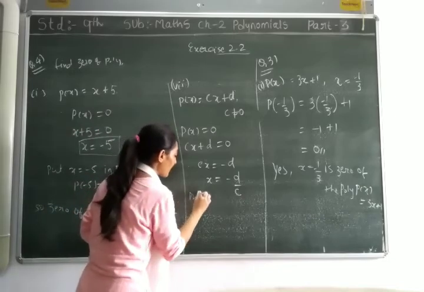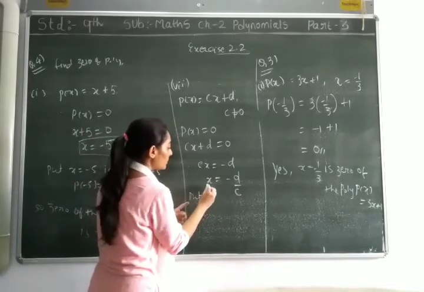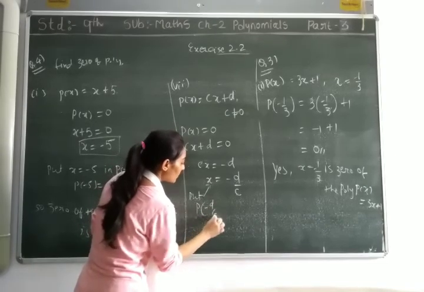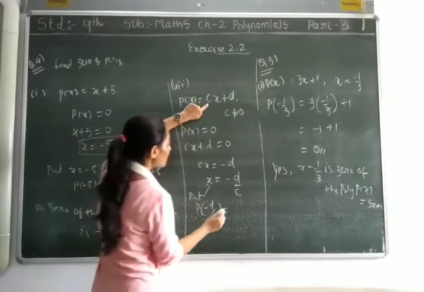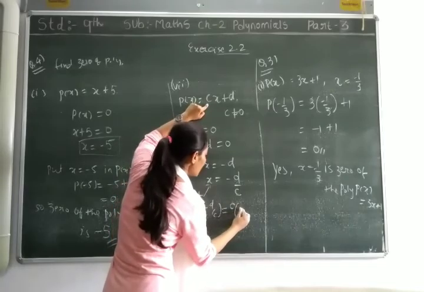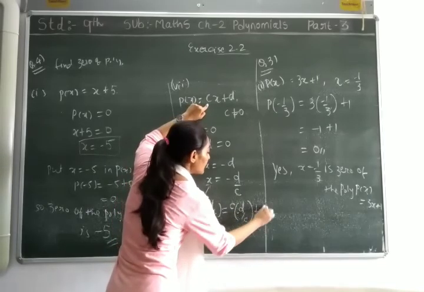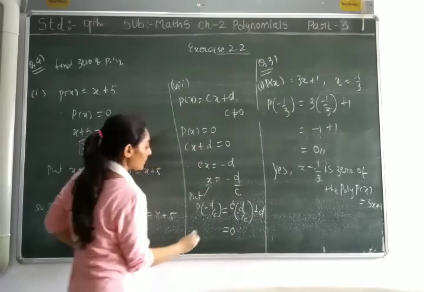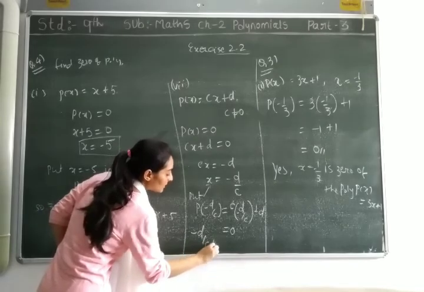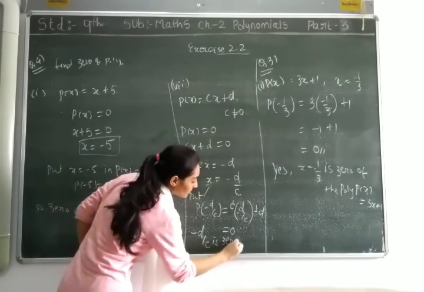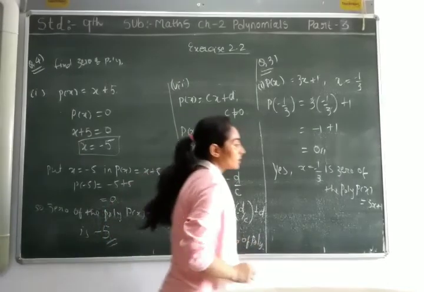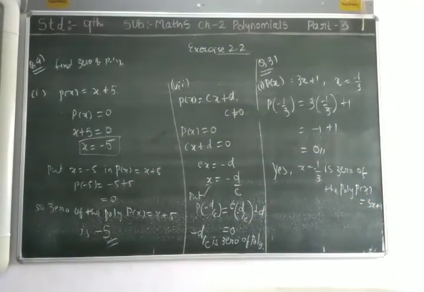Now put this into p of x. So p of minus d upon c equals c times minus d upon c plus d. So the c gets cancelled, minus d plus d, I am getting 0. So minus d upon c is the zero of the polynomial.